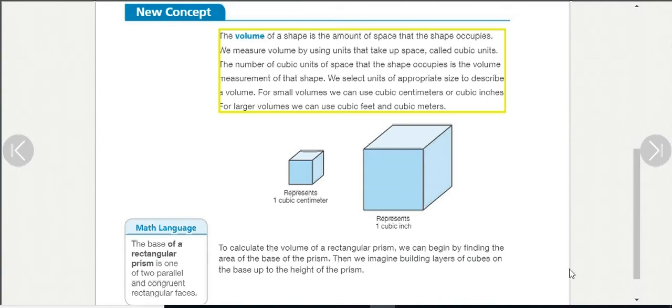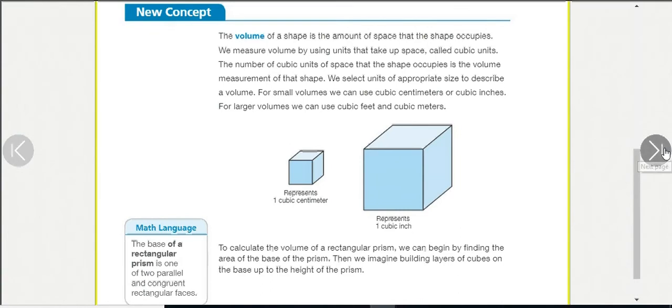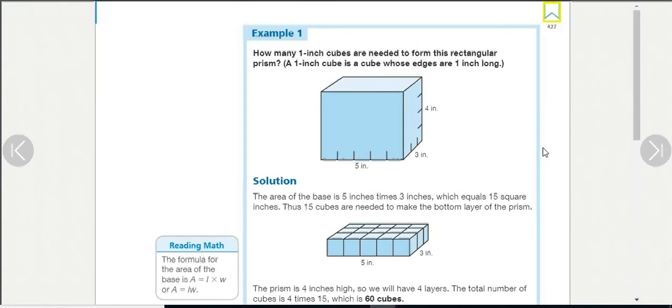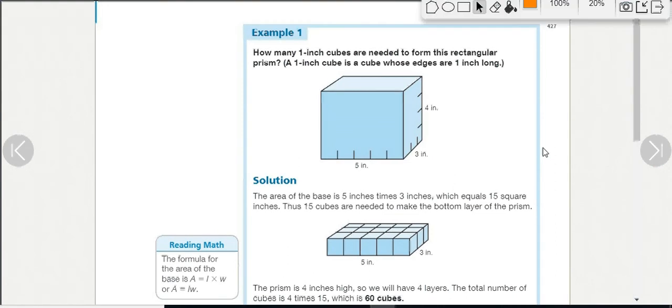The base of a rectangular prism is one of 2 parallel and congruent rectangular faces. If that makes sense. I just read that from the math language. To calculate this, we can find the area, length times width, of the base, the bottom floor, and then we imagine building the floors up and multiply that by a height. So basically, volume is going to be 3 amounts multiplied instead of just the 2 like an area.